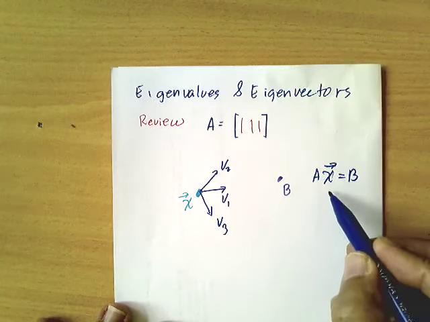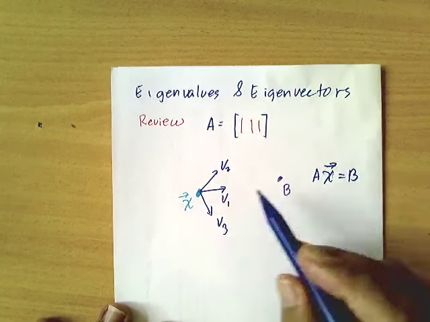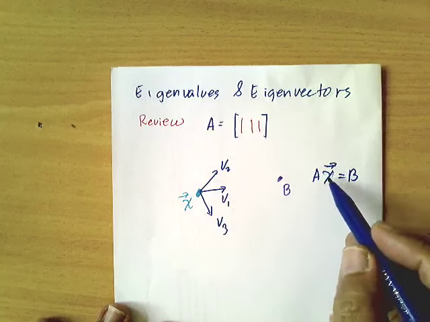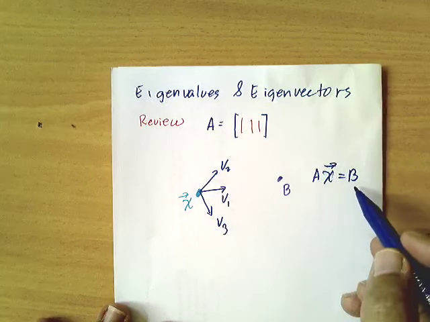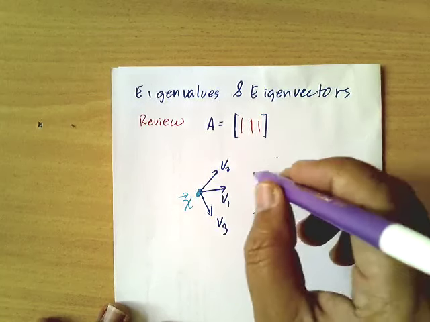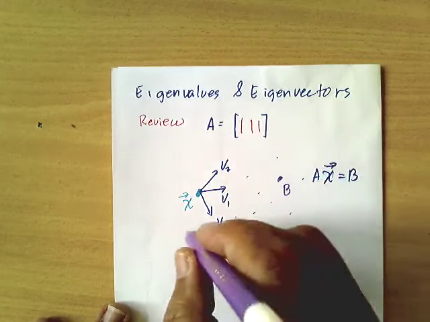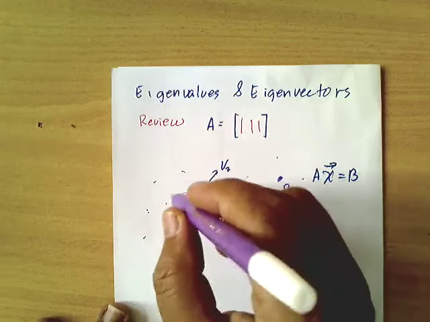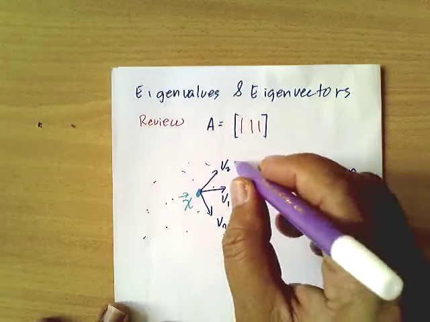So we have learned that matrix A transforms x into a position b, and remember that b could be anywhere in this space. It could be here as well, anywhere there.